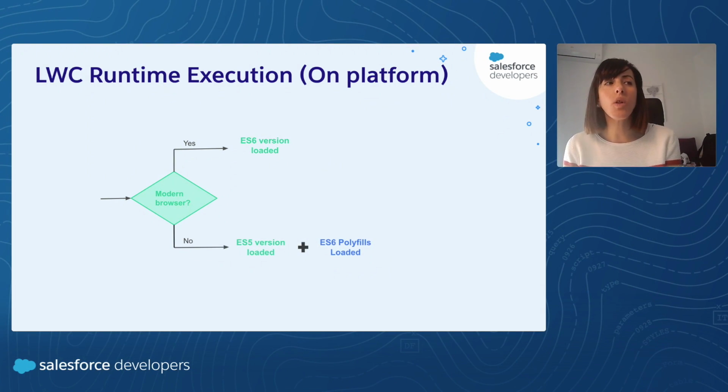But if it is an older browser, those browsers that don't support ECMAScript 6 features, then we are going to load the ECMAScript 5 versions plus the ES6 polyfills that replace those ECMAScript 6 features that are not available in the browser for you.